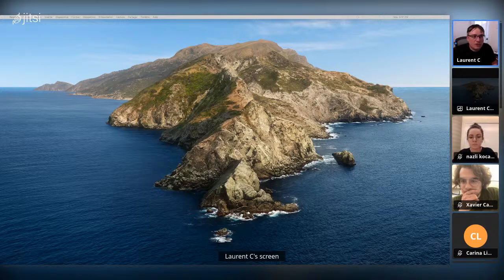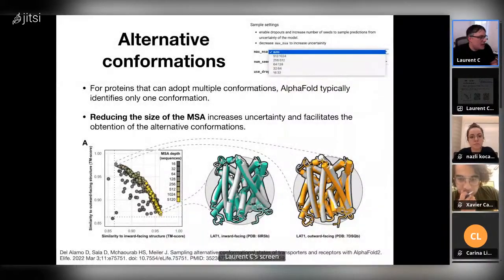And one of the ways to do this is, I will share the screen once again. I put here for alternative conformations, but it really works for dynamics. The idea is that you will decrease the size of the multiple sequence alignment.